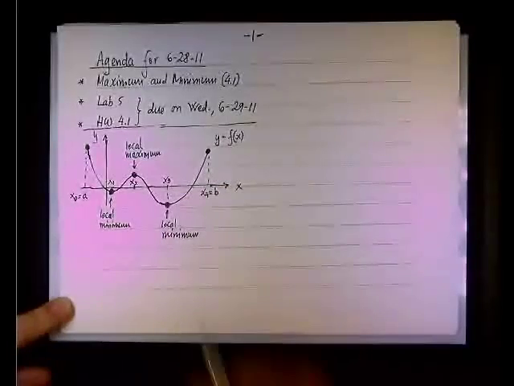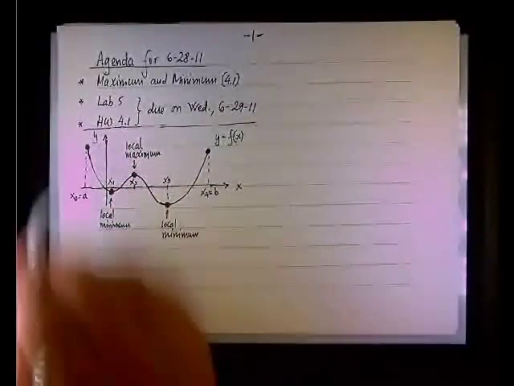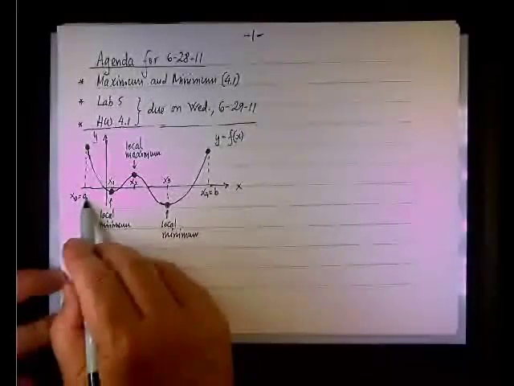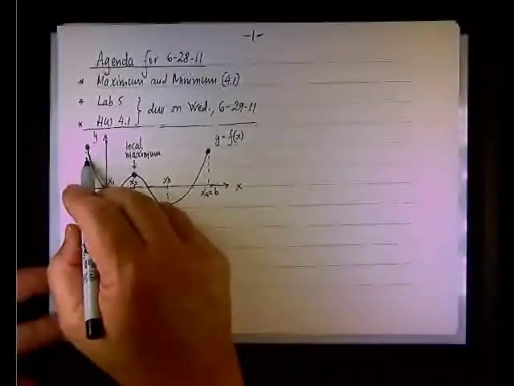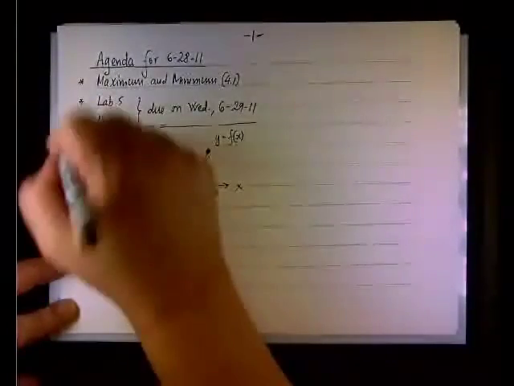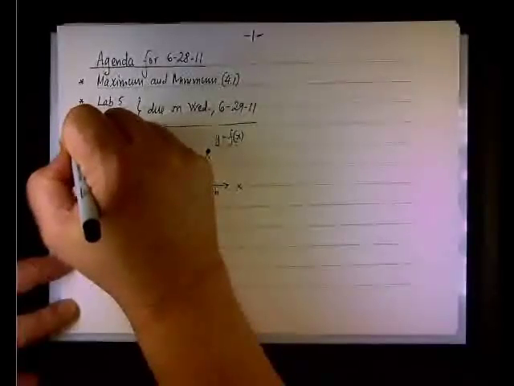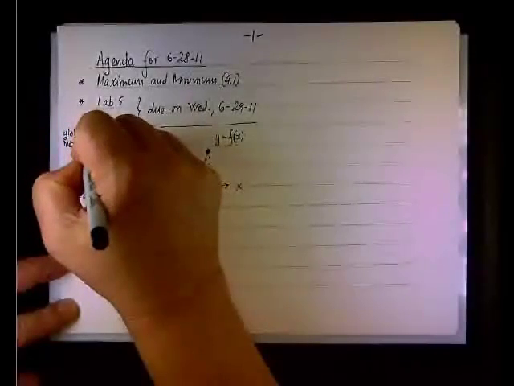For instance, if I'm looking at the highest value of y, that corresponds to the endpoint x sub 0 equals a. There is no higher value than this point. So instead of local, we're going to say this is a global maximum or absolute maximum.